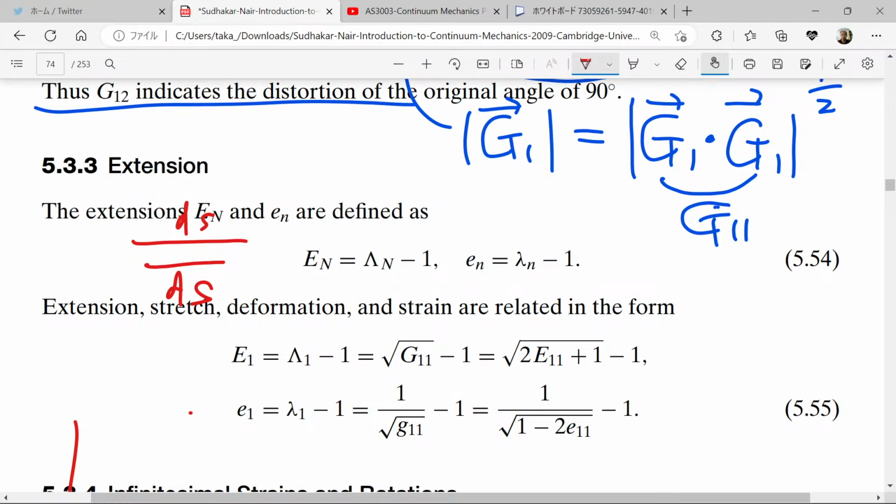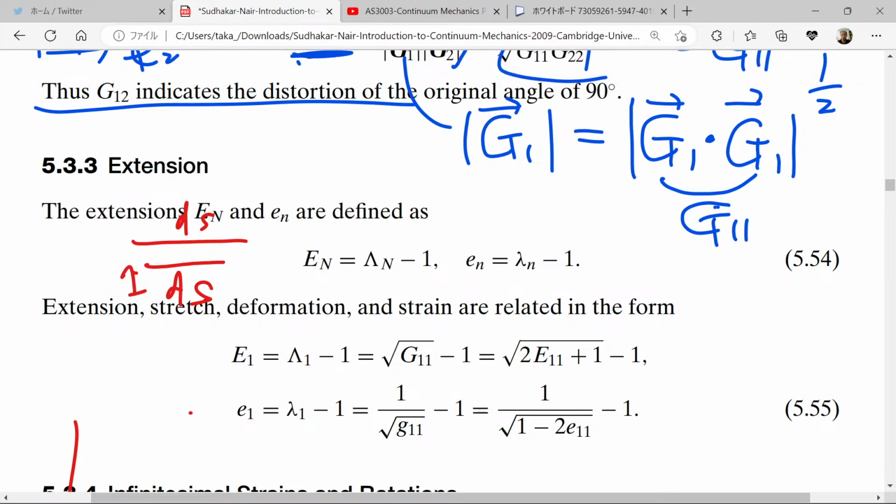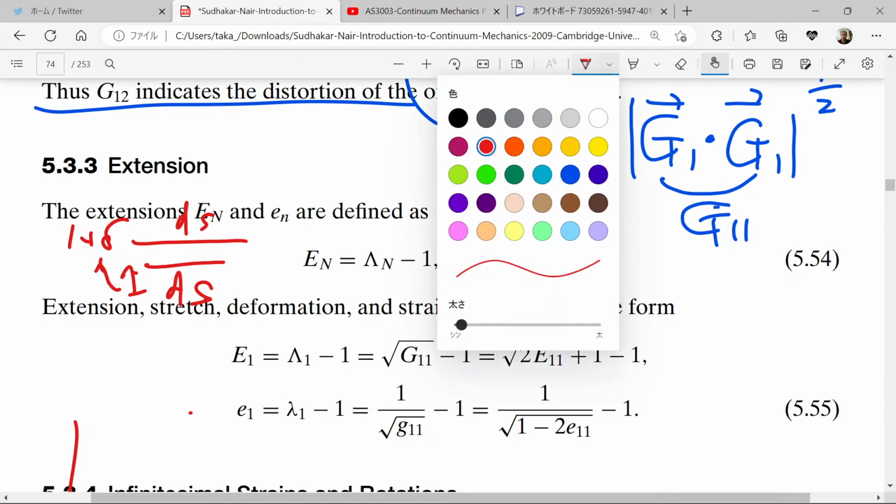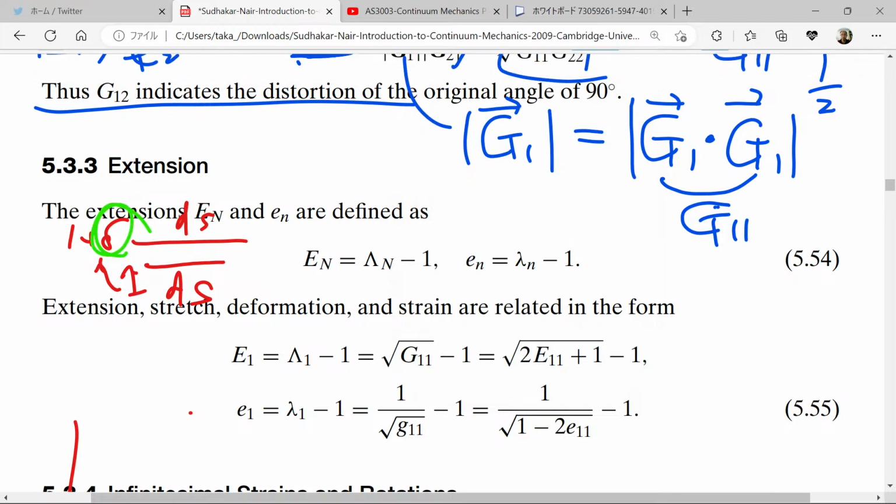If you call the original one 1, then this is 1 plus delta. This is stretch. Then this delta part is extension. So you subtract 1 from stretch, then this is extension. Extension is stretch minus 1.